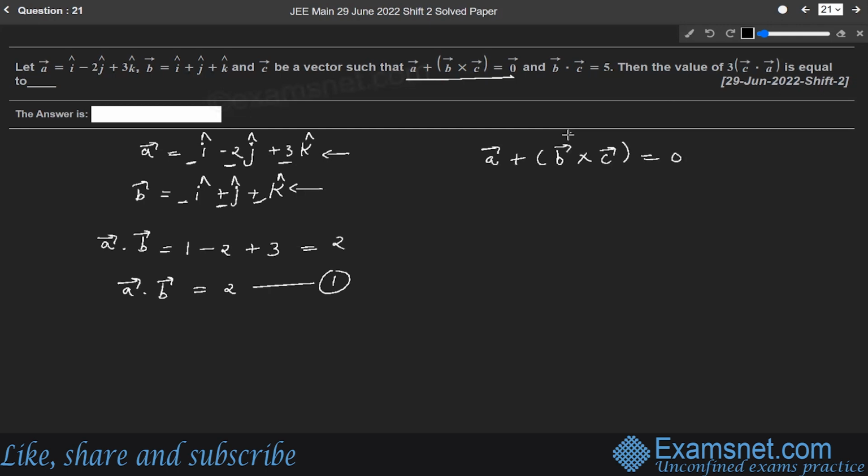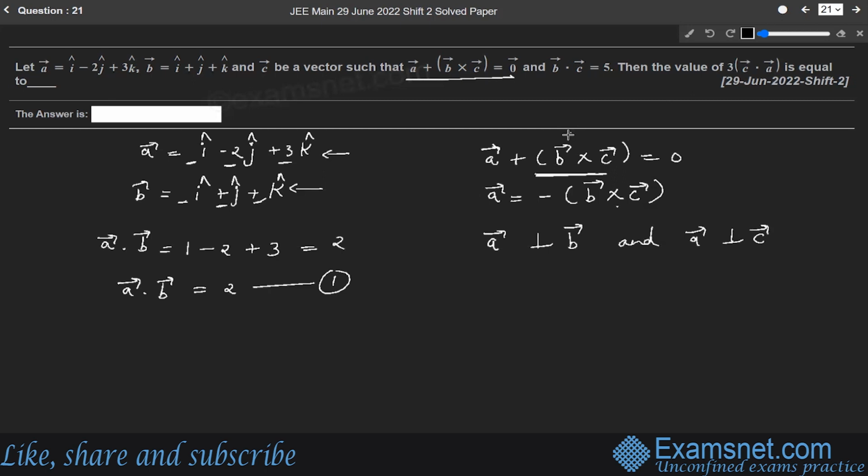From here, if we want the value of A vector, it will be equal to minus of B vector cross product C vector, right? When this value goes to the right hand side, we get the value of A vector. Now, if A vector is equal to minus of B vector cross product C vector, it implies that A vector is perpendicular to B vector and A vector is perpendicular to C vector.